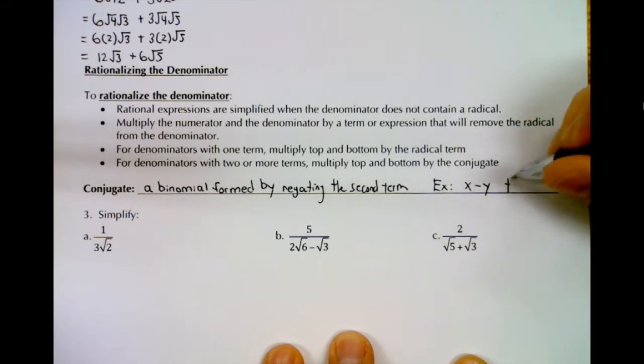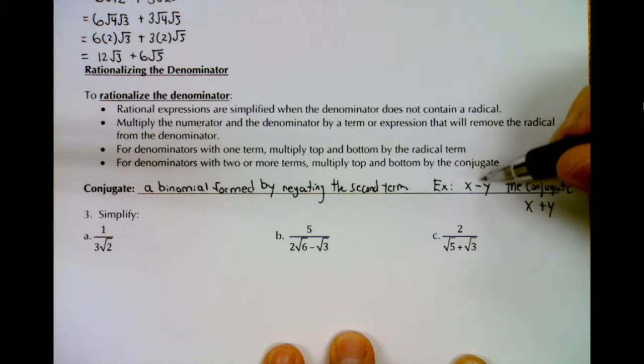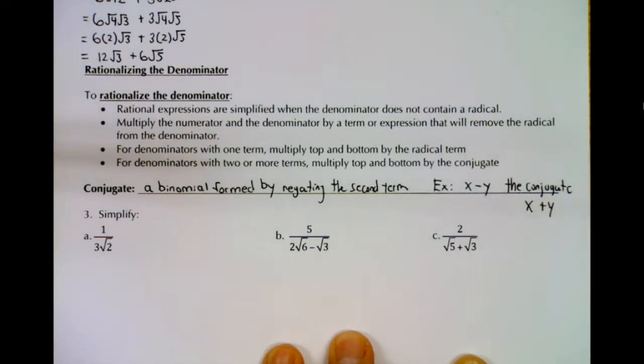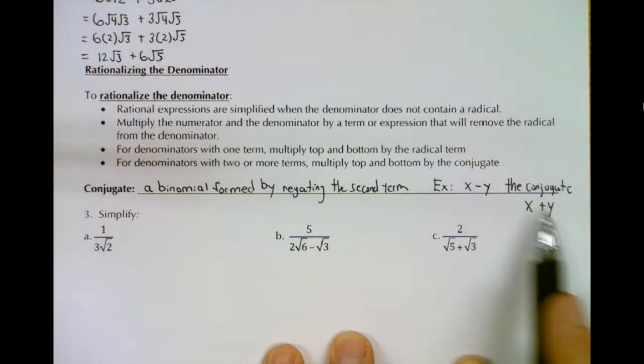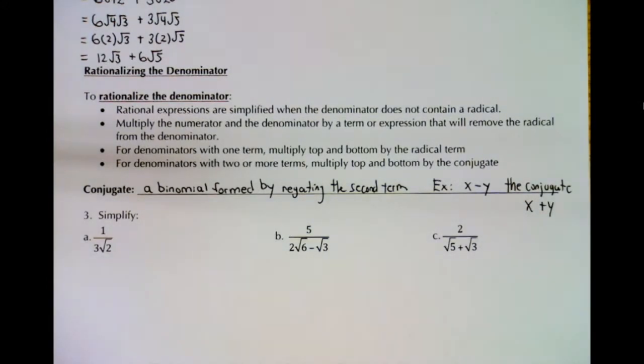The conjugate would be x plus y, because negating negative y would give you positive y. It's basically the same terms with the opposite sign. So when you factor a difference of squares, the 2 factors are conjugates. They'll be the same terms with the opposite sign.